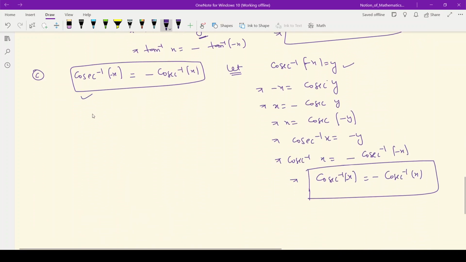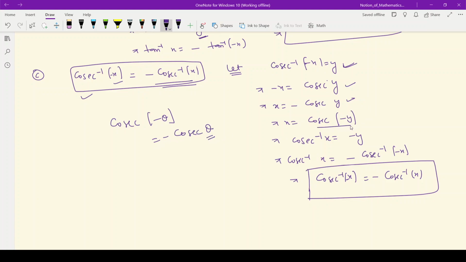Thereafter, the last property in this video is cosecant inverse of minus x is minus cosecant inverse of x. For that purpose, I have considered cosecant inverse of minus x is y, or minus x is cosecant of y, or x is minus cosecant of y. Ultimately, I can again utilize the formula cosecant of minus theta is minus of cosecant of theta.